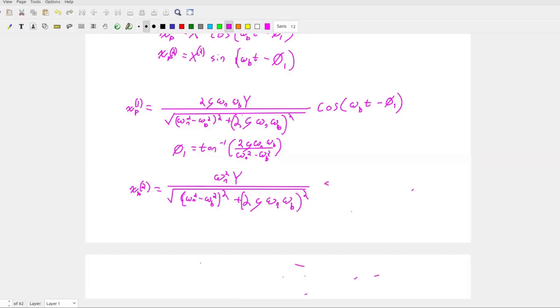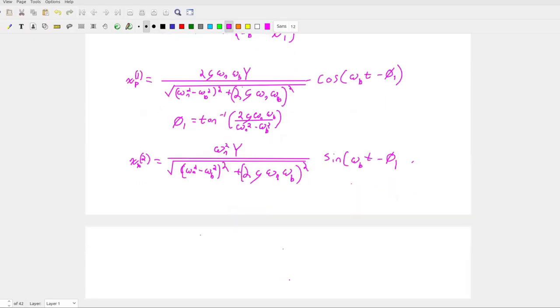And now we're going to have sine of omega b t minus phi 1. So we have a very long expression here that makes a particular solution for displacement transmissibility, right?